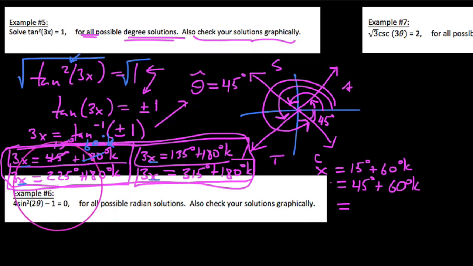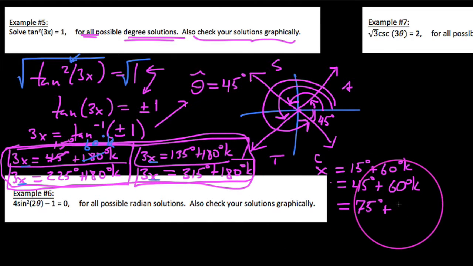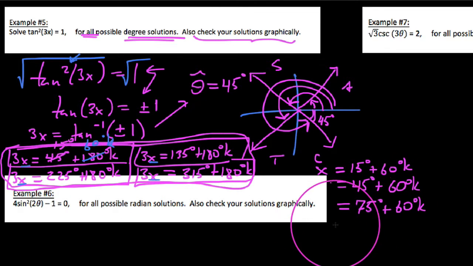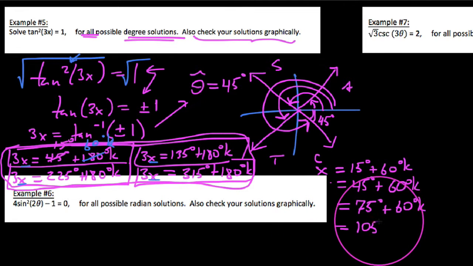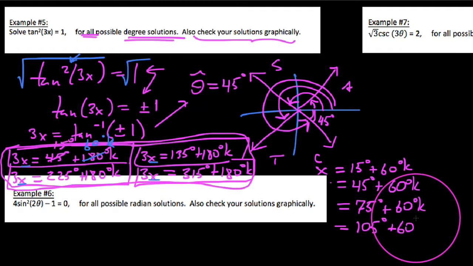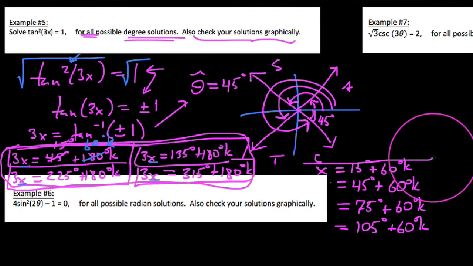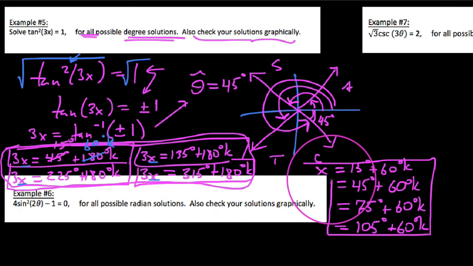We also got 225 divided by 3, which is 75 degrees, plus 180 divided by 3 is 60 degrees k. And then last but not least, 315 divided by 3 is 105 degrees, plus 180 degrees k divided by 3 is 60 degrees k. So these are all 4 of our solutions right here, listed out so that they present all possible solutions to this.